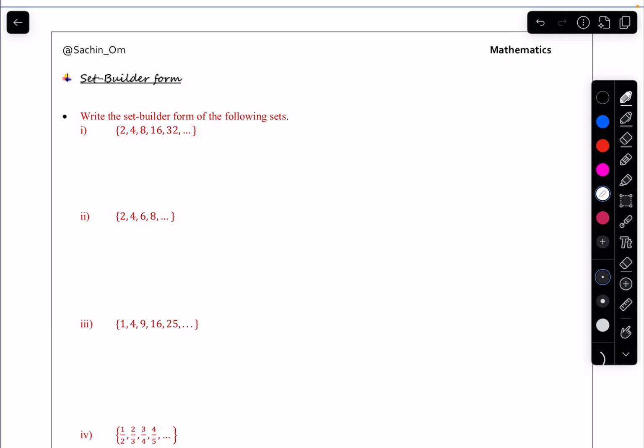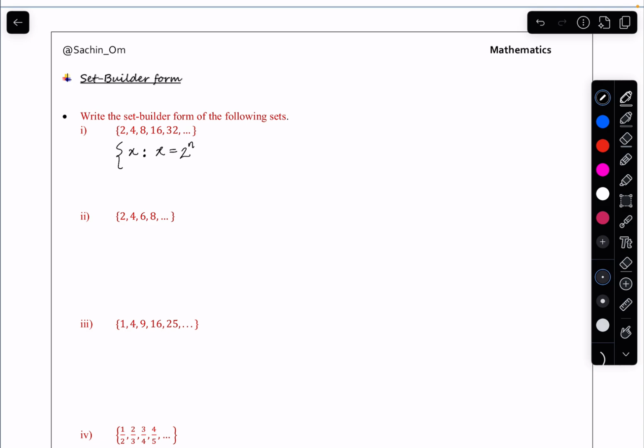So let me write the set builder form here. In the set builder form, how we write it is first we use the braces again. It would be collection of all those x such that x is of the form 2 power n. Now we had observed every element in this set is of the form 2 power n. Now I need to describe what this n is.